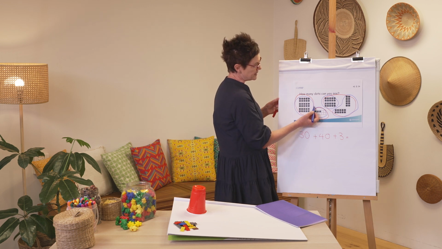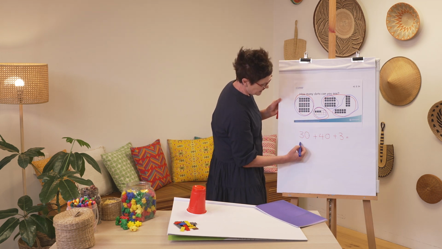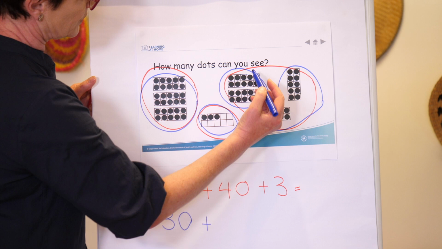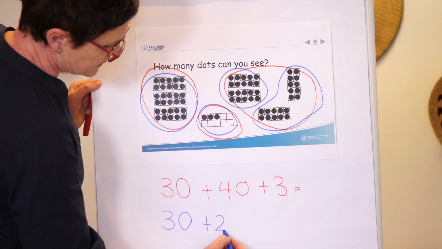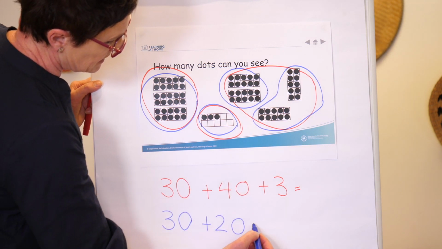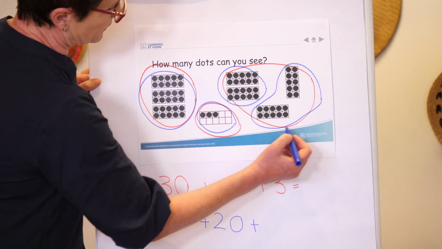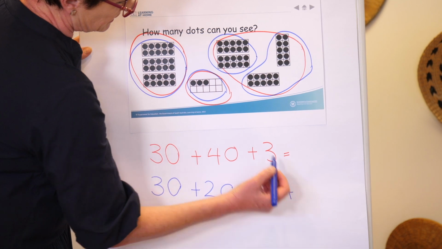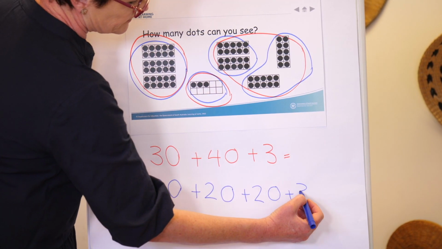I may have seen 3 groups of 10, 3 groups of 10 make 30. I may have seen another group of 2 tens, which is 20. Another group of 2 tens, which is 20, and my 3 ones.